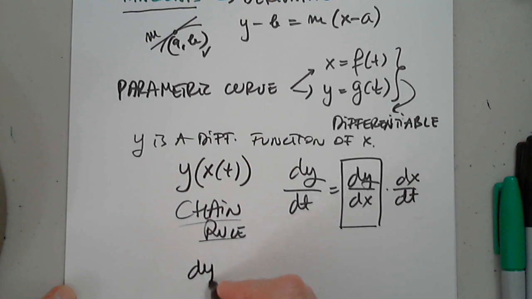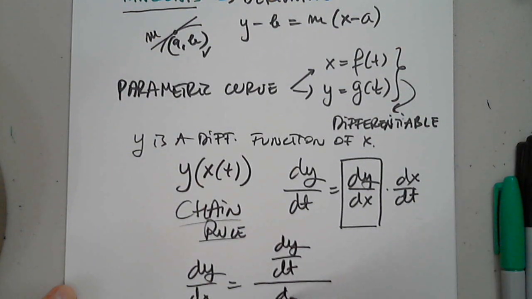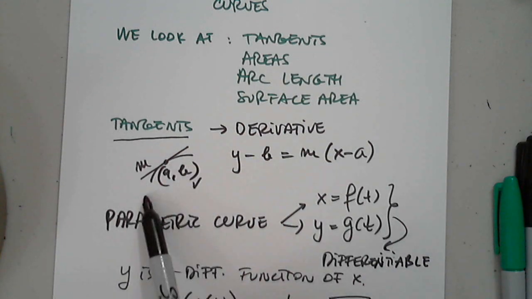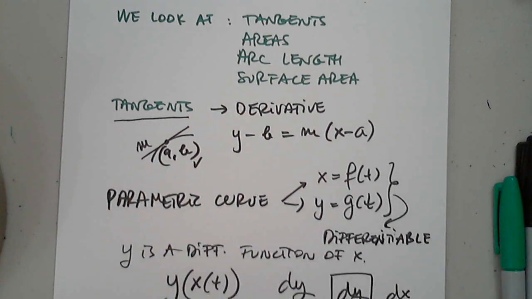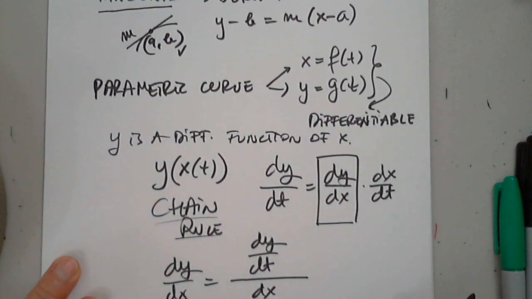So in order to find dy over dx, I will have a ratio of dy over dt over dx over dt. So why do we need this? Because we want to determine the slope of the tangent line to the curve at a particular point. And of course, the curve is a parametric curve.